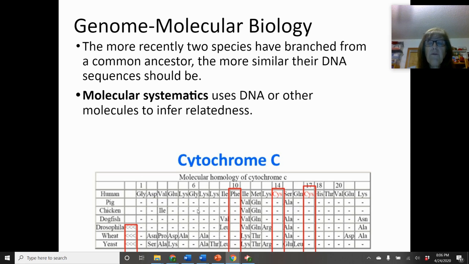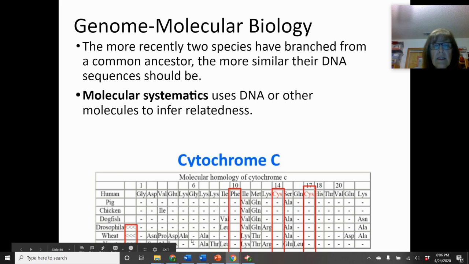And if we were to, for example, look at amino acid sequences in this cytochrome C protein, these are all the amino acids that are found in a human. And what we can do is compare these amino acid sequences from one species to another, and look at similarities between amino acids from one species to another.